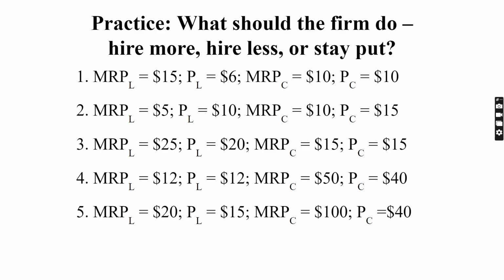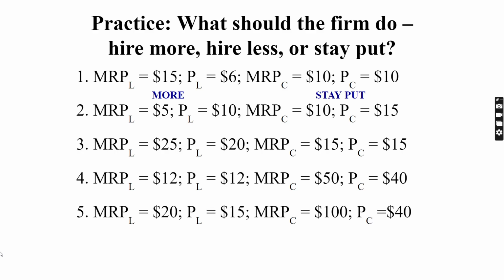This would show us 2.5, which is greater than 1, which means that this firm could benefit from hiring more labor. And so we would say more labor, but on the capital side, 10 over 10 equals 1. We already have as much capital as this firm needs. 1 is what we want. Remember, all sides of this equation are going to equal 1. And so capital, we'd stay put.